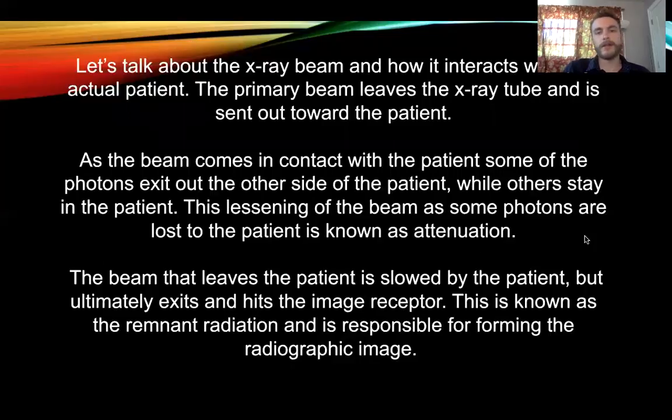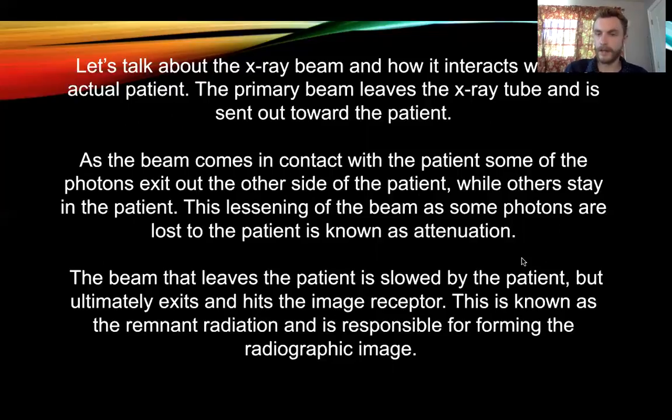So how does it interact with the actual patient? The primary beam leaves the X-ray tube and heads towards the patient. When the beam comes into contact with the patient, some of the photons exit out the other side of the patient while others stay in the patient, depending on that penetrating energy.